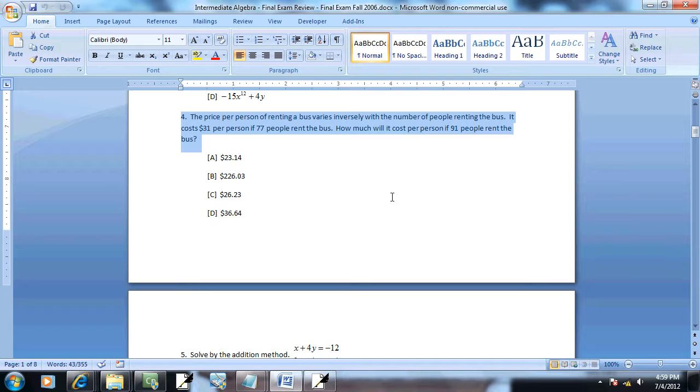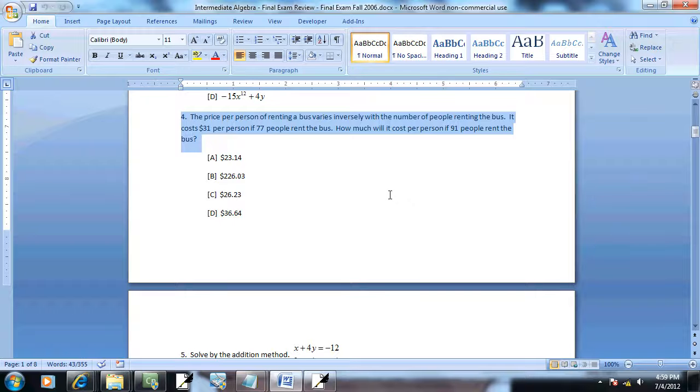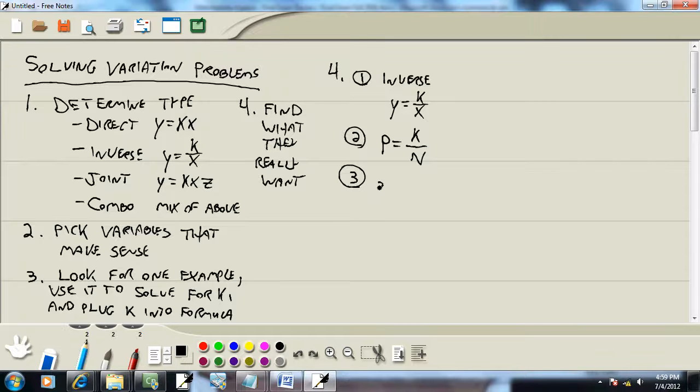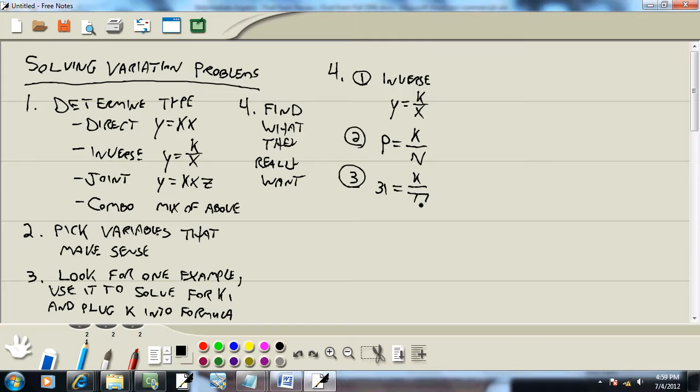Step 3, look for your one example. It costs $31 per person if 77 people rent a bus. So P is $31 and N is 77. Now we want to solve for k. Well, we multiply both sides by 77.